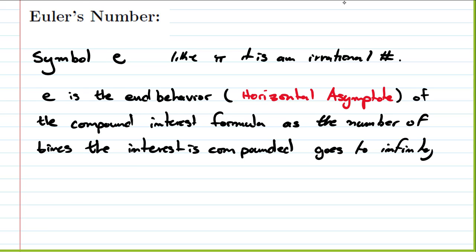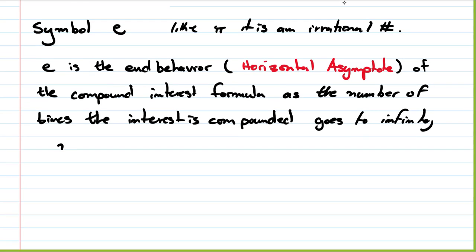So in symbols, what that is we're going to have n going to infinity, and a equals a naught times 1 plus r over n raised to the nt.